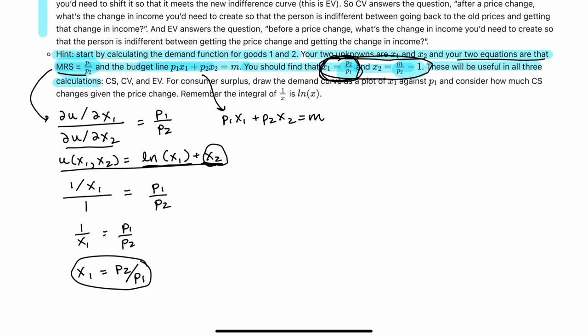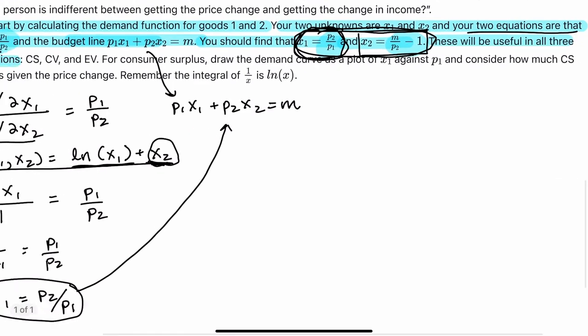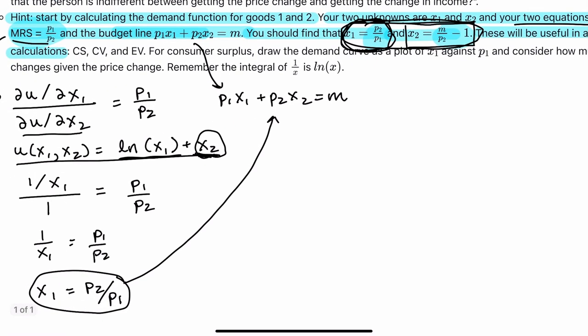Now let's plug this in to our second equation, and hopefully we can find that this is true. So that's P1 times, I'm going to plug in P2 over P1 for x1, P2 over P1, plus P2 x2 equals m.